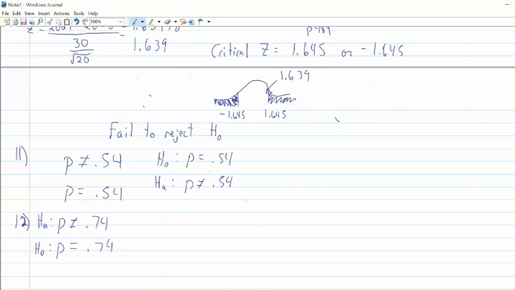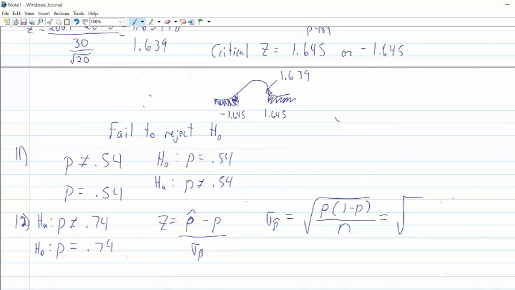Our test statistic for a proportion is equal to p hat, the point estimate, so that has to come from a sample, minus p, that was in our claim, over sigma sub p hat. And what is sigma sub p hat? It's the square root of p times 1 minus p, those are values that come from the original claim, over n, and that n is from the sample.